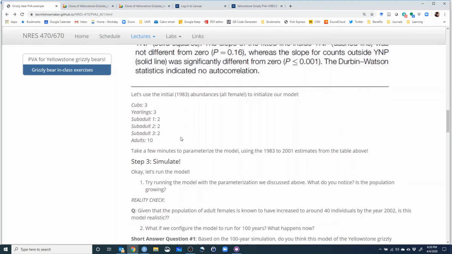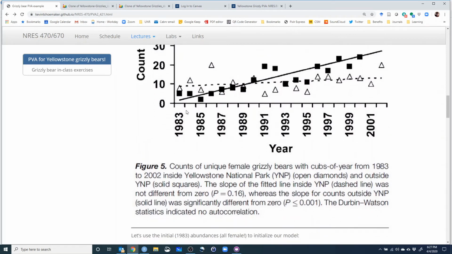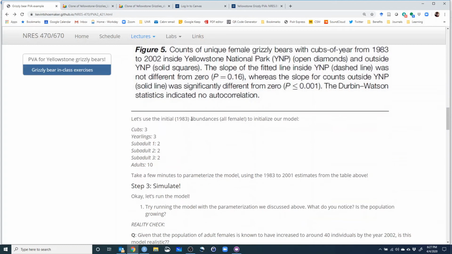Here are the initial abundances that we're going to use. We're going to have 3 cubs, 3 yearlings, 2 in each of the subadult stages, subadult 1, subadult 2, and subadult 3. And then we'll use 10 adults. And that's just based on this figure here and the fact that this represents about half the total population.